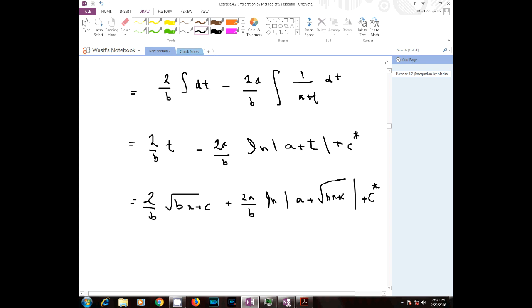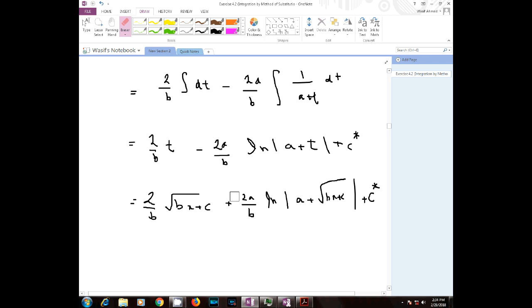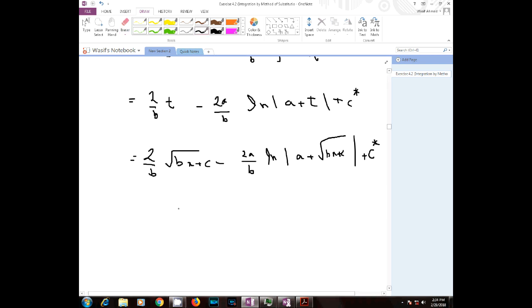Let me check it from your book. 2 divided by b has been taken as constant, so take 2 divided by b as common, then you will get, and one mistake is there, that here is a minus sign.